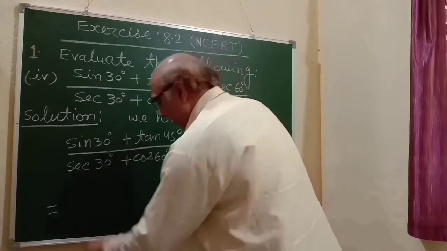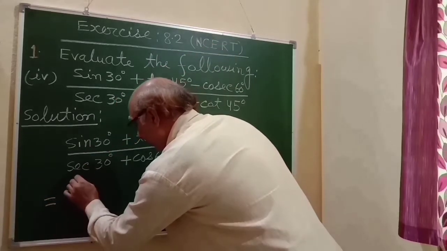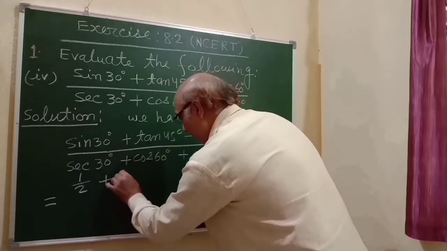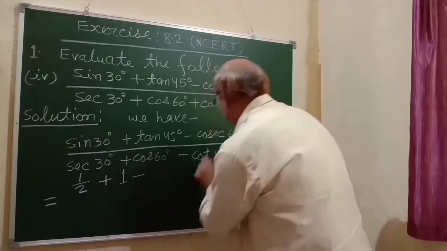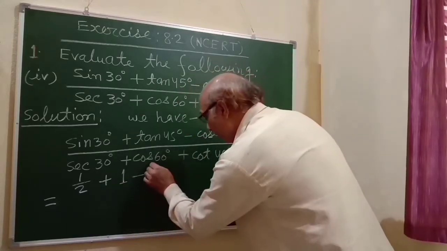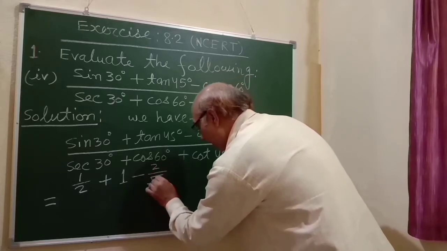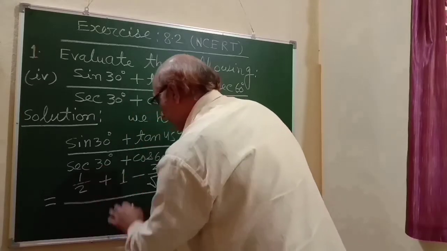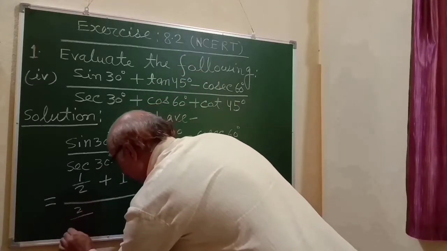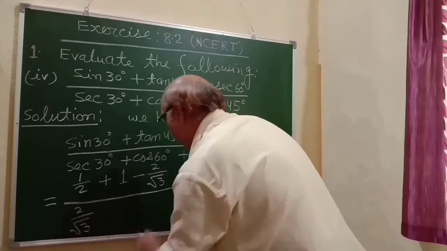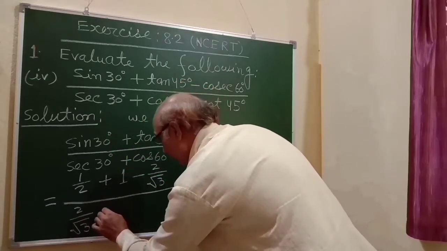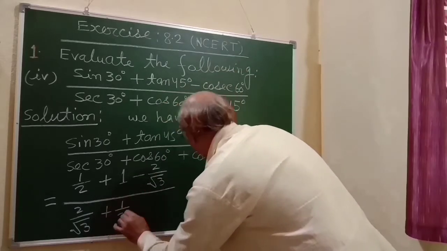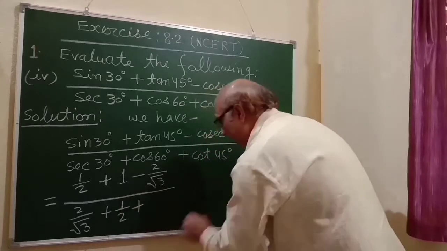Sin 30 degree is 1 by 2, plus tan 45 degree 1, minus cosec 60 degree 2 by root 3, by sec 30 degree 2 by root 3, plus cos 60 degree, that is 1 by 2, plus cot 45 degree 1.